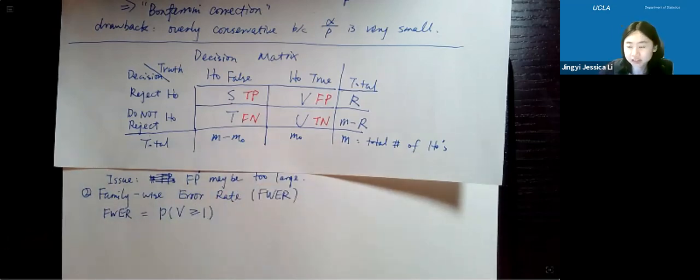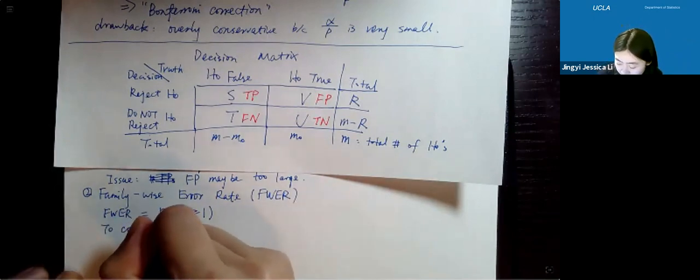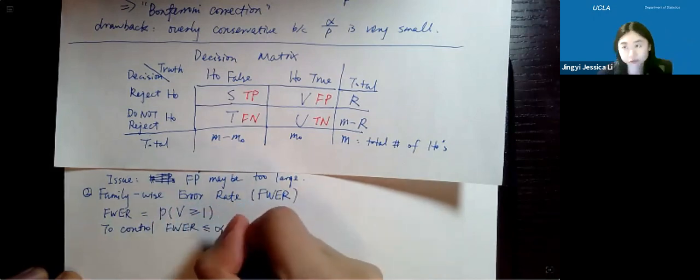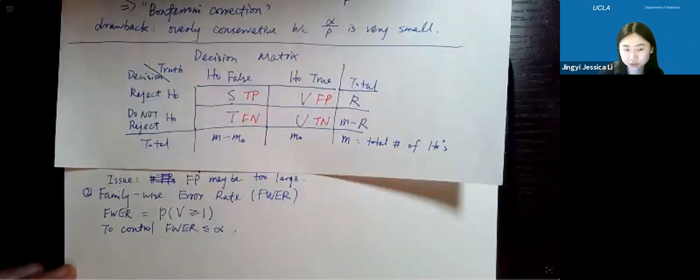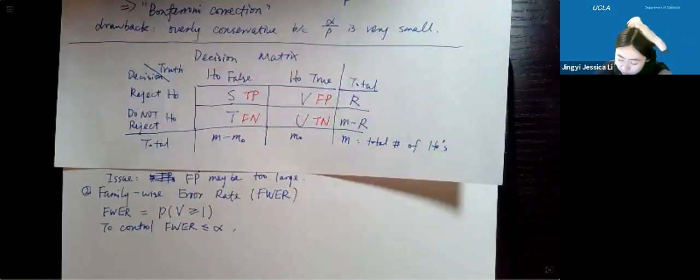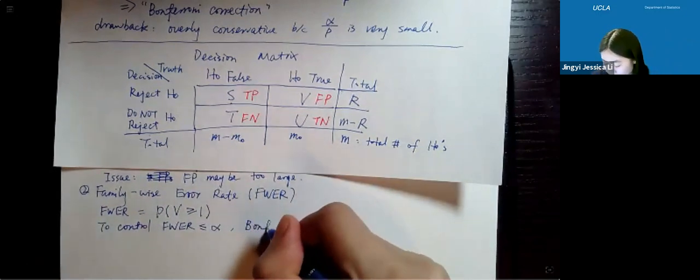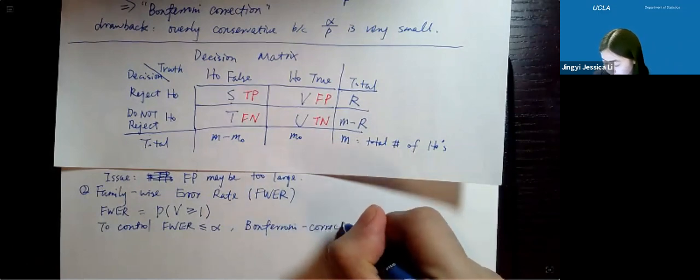So whenever V is not 0, we consider that we make a family-wise error. Last time we showed that to control this family-wise error rate, a very stringent criterion, under alpha, we can use Bonferroni correction, which is the most conservative way to ensure this.